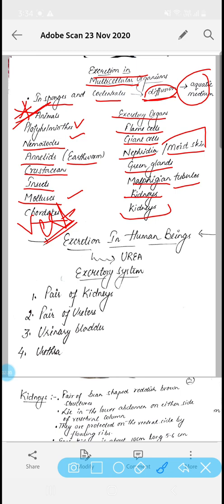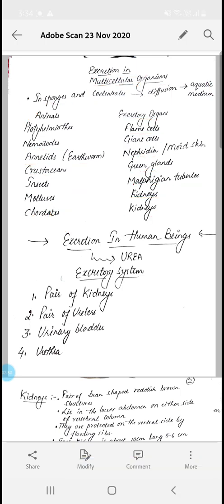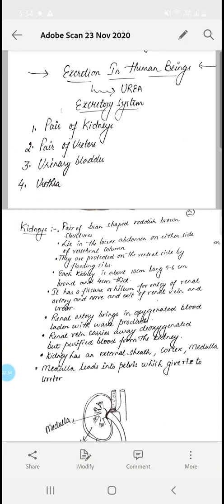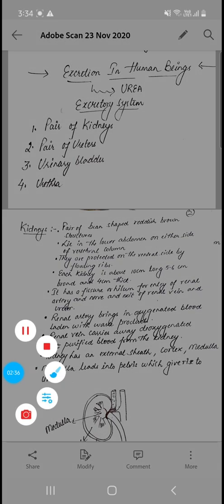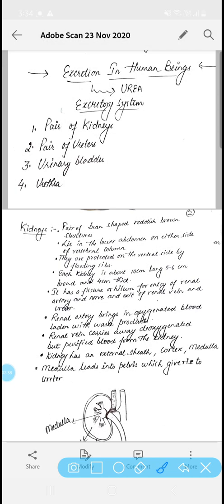Now if we focus on the excretion in human beings, it is again a very elaborate process. Okay, so here we will discuss excretion in human beings, and what you have to remember firstly here is the excretory product.